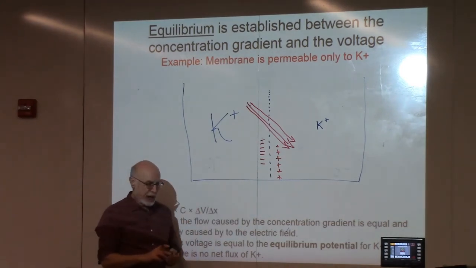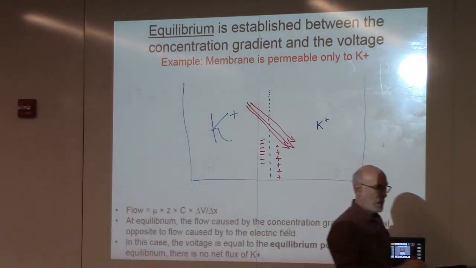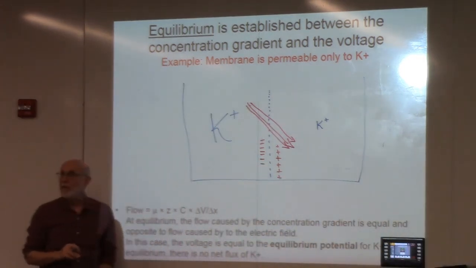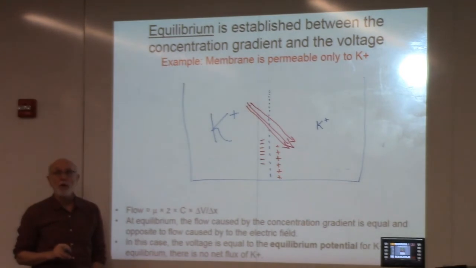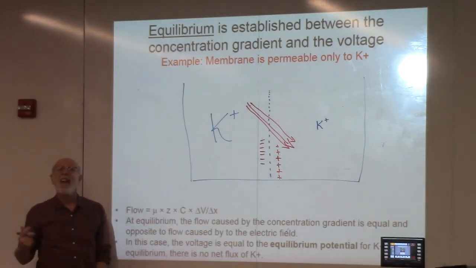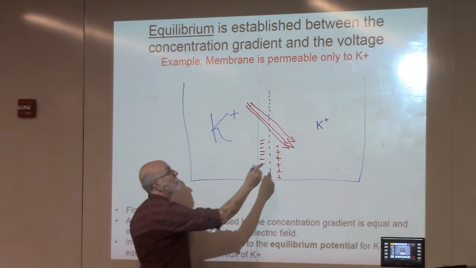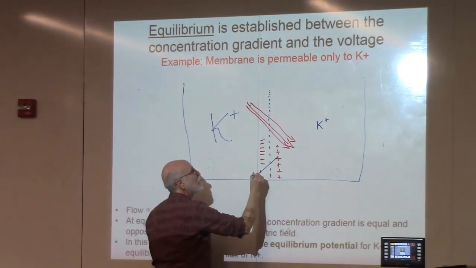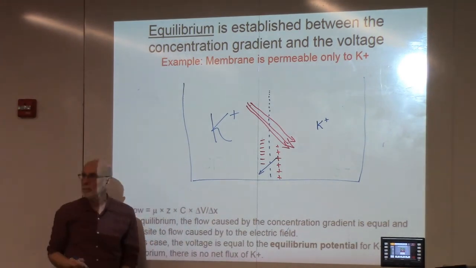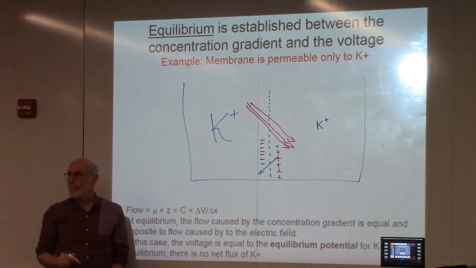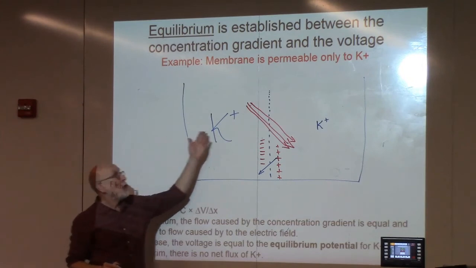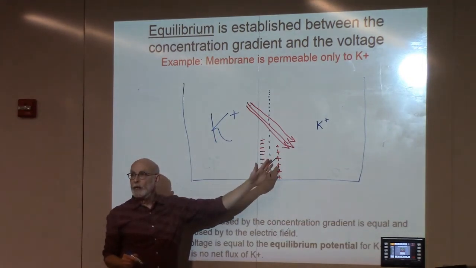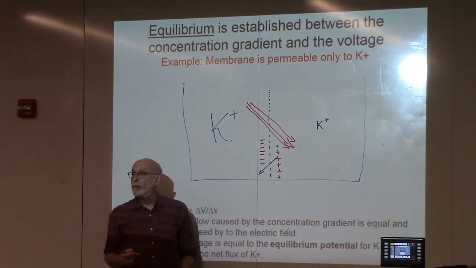What direction do the ions want to move in response to the electrical gradient? Not the chemical gradient, but the electrical gradient. Which direction is the flow due to the electrical gradient? The other way. Potassium wants to flow from positive to negative. So as more and more potassium flows and creates more and more of the electrical gradient, the gradient opposes that flow.